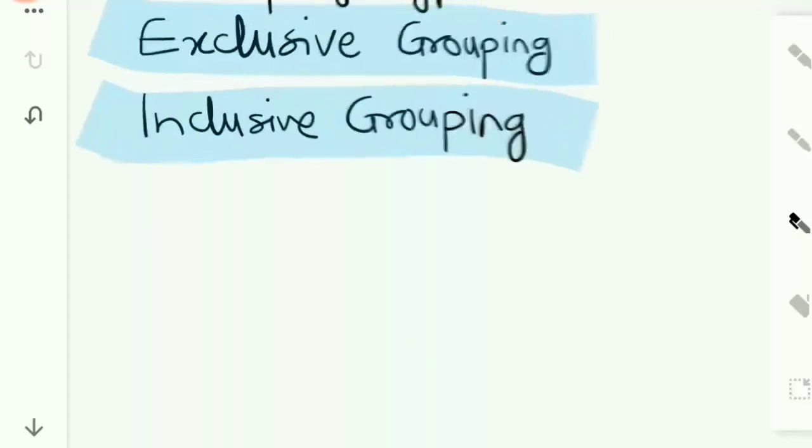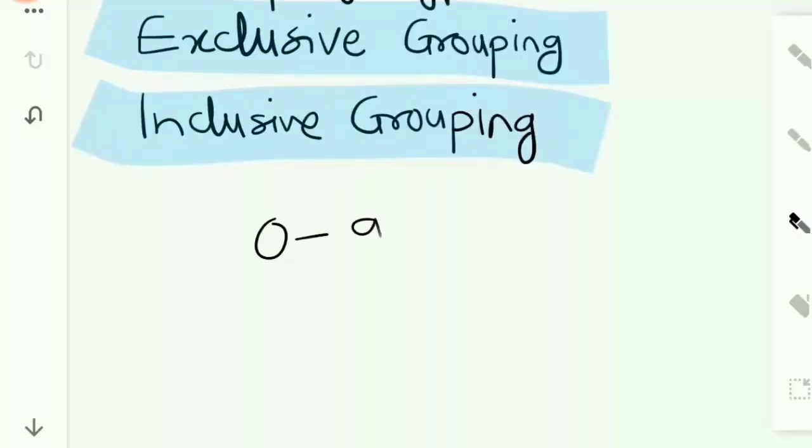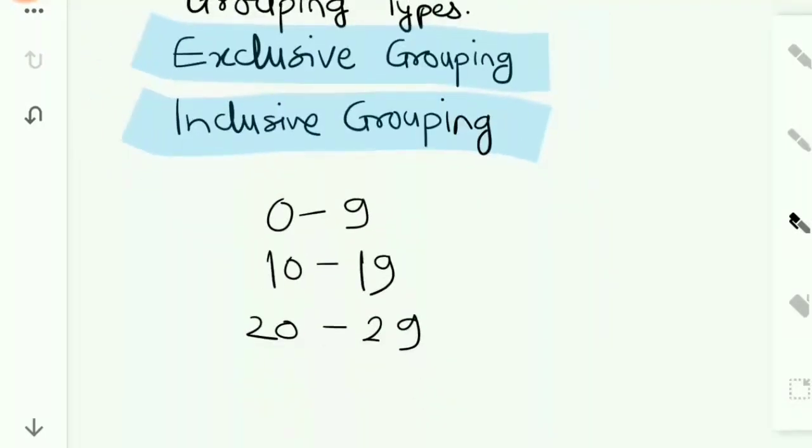So next is inclusive. 0 to 9, 10 to 19, 20 to 29. Here there is no question of where will you put some mark, some point or some sample. It's explicitly written here that if any number is lying between 0 to 9, including 0 and 9, it should be put in this first class.